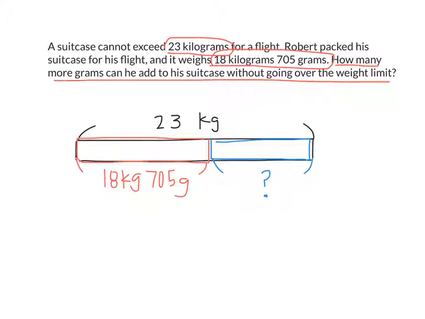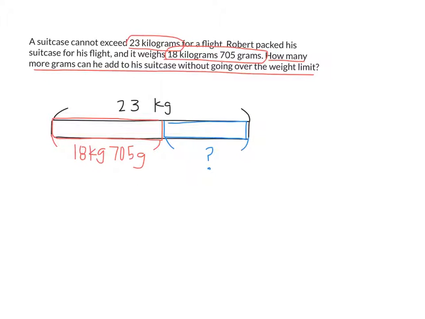So that's what we're trying to find out. So what math equation could we do in order to figure that out? Yeah, 23 kilograms minus 18 kilograms, 705 grams, because that will tell us how much space is left over.